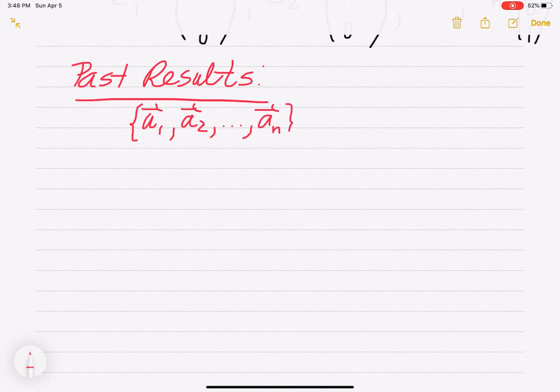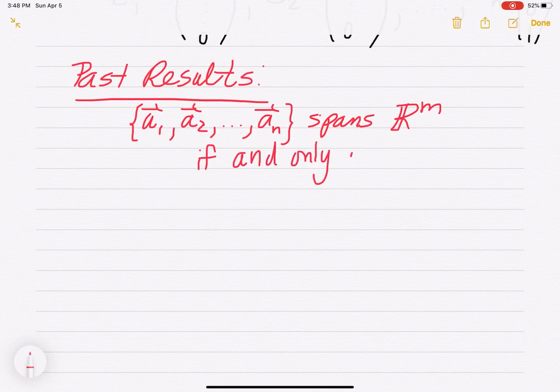This set of vectors spans Rm if and only if, and there are actually 4 ways of saying this, the matrix A that consists of those columns A1 through AN has a pivot in each row.